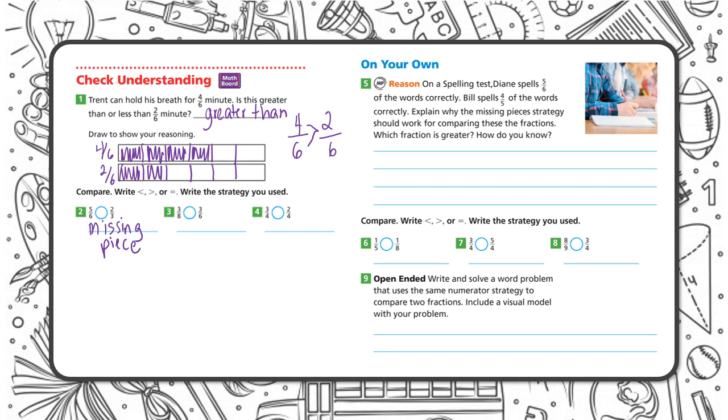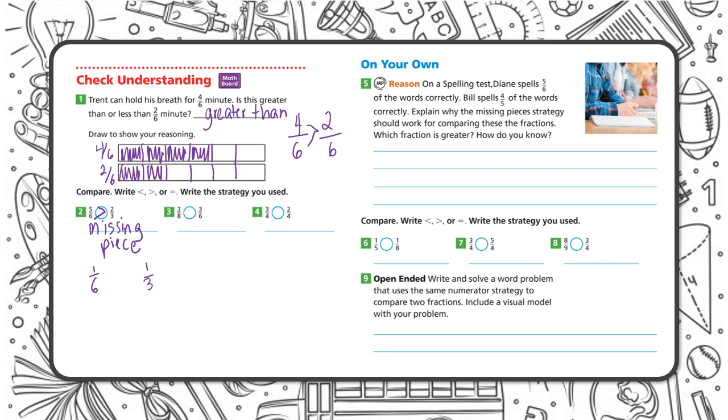So now we know that 5/6 is missing 1/6, and 2/3 is missing 1/3. Okay, I know that 1/3 is greater than 1/6, so 2/3 is further away from the whole. So 5/6 is greater than 2/3.